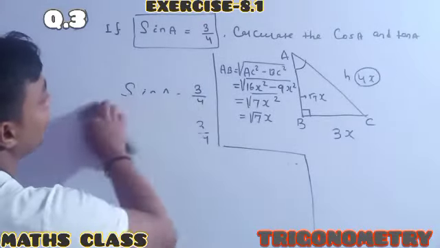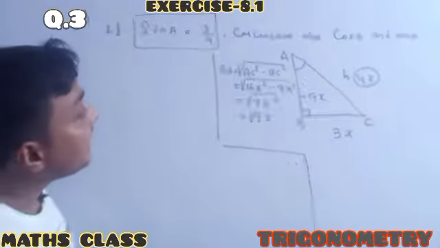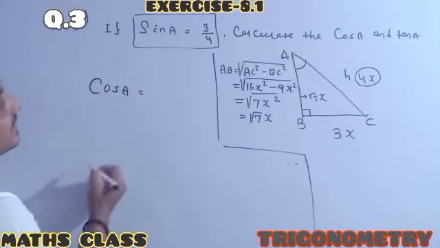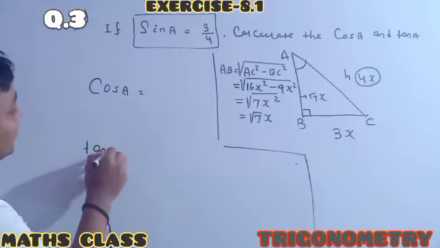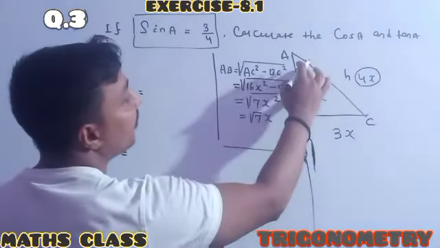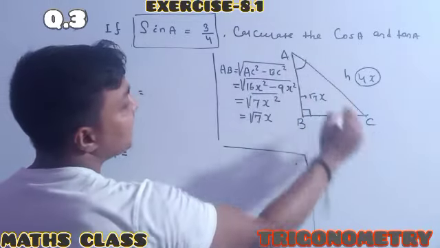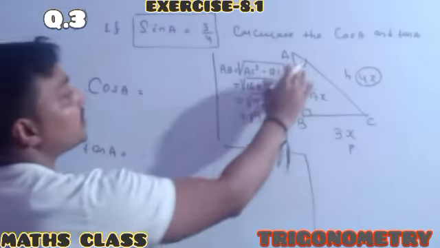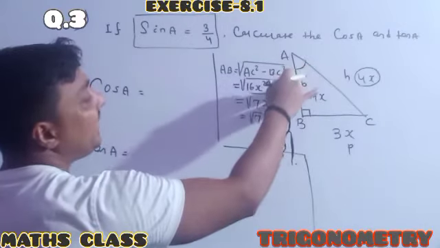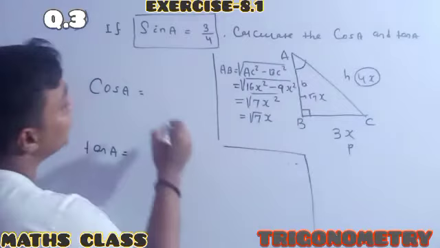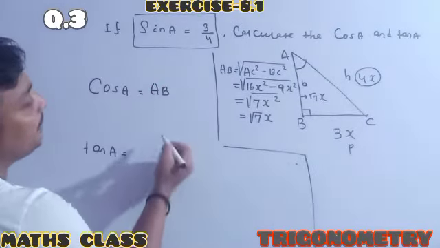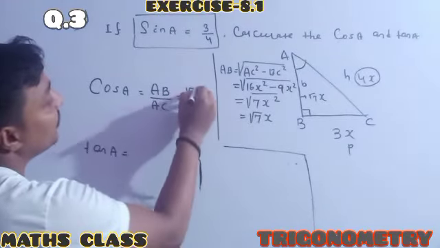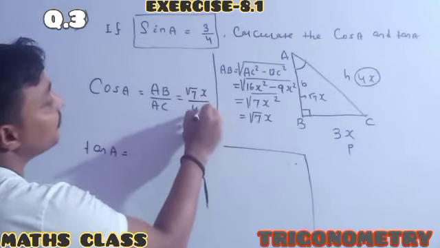See, after getting this, it is asked that you have to find out cos A. And the second one, it is asked that you have to find out tan A. See, cos A, it means for this angle, cos means B by H. So for this angle, this one will be our P, this one will be our B, and this one will be our H. And the cos trigonometric ratio is the ratio between B and H, otherwise adjacent side divided by hypotenuse, for which here I am writing AB divided by AC, which is equal to AB means root over of 7x and AC means 4x.